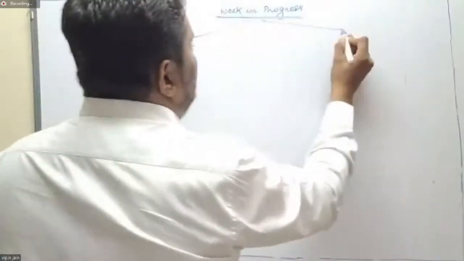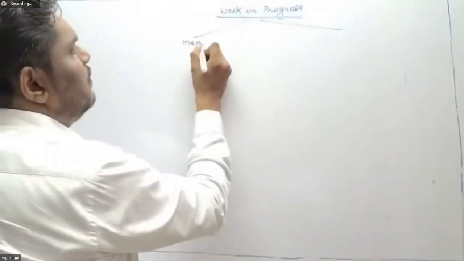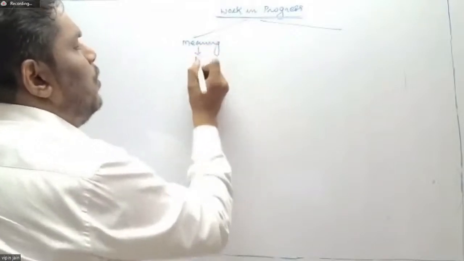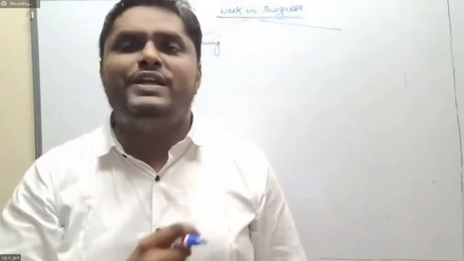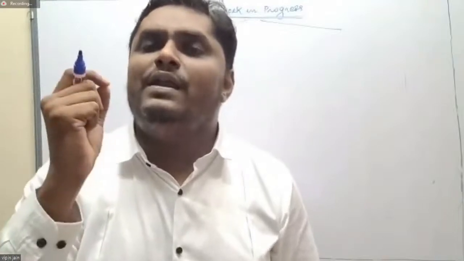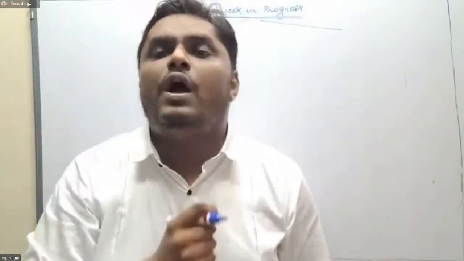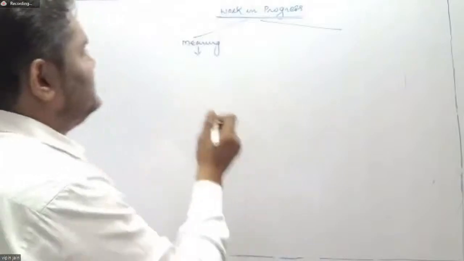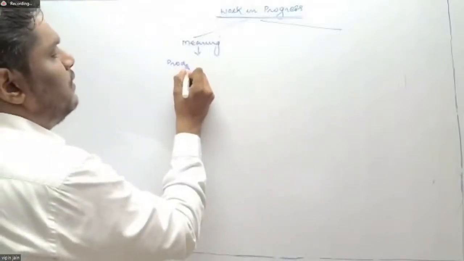So when talking about work in progress, what is work in progress? Very simple. The goods started but not completed. The production process started but not completed.